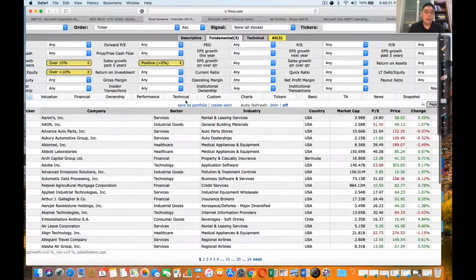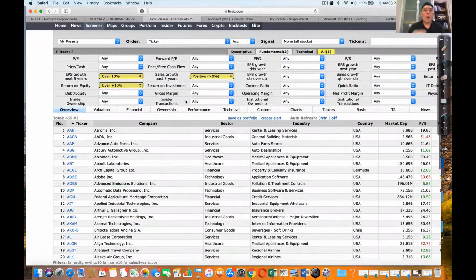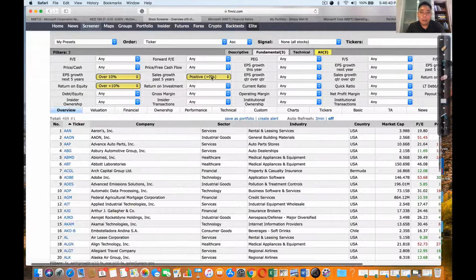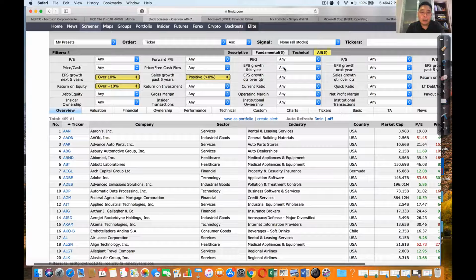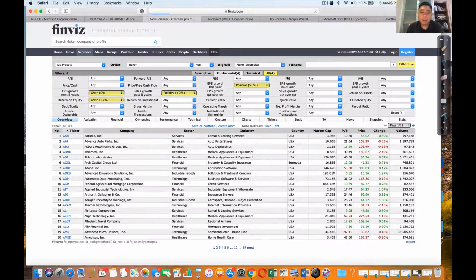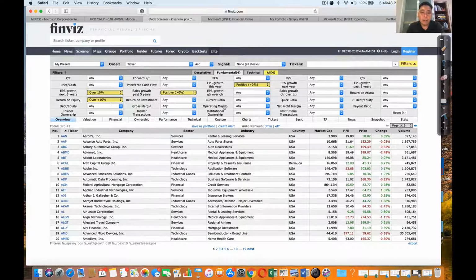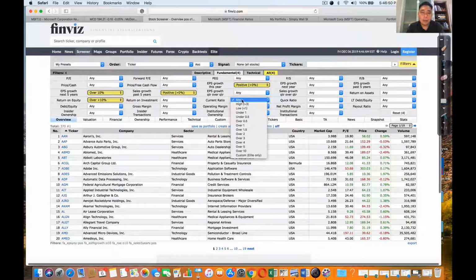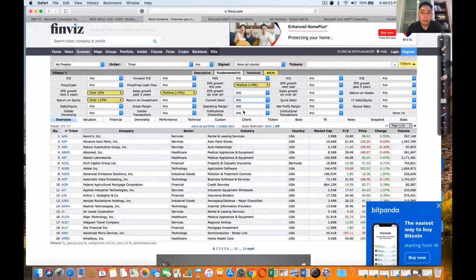And again, you can specify how high. You can say, I want the company to grow at 20% a year for 5 years. Now, next, earnings growth this year. If you want to look for companies that are growing this year, you can put positive. All right. Next, you can put the current ratio. Say, I want companies with a current ratio of more than 1.